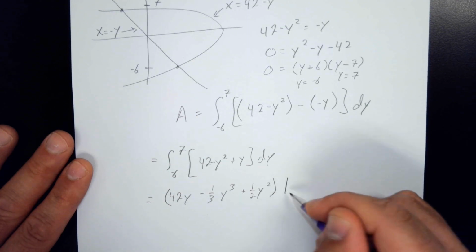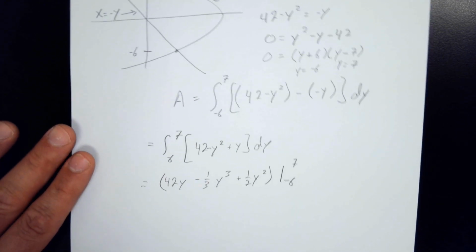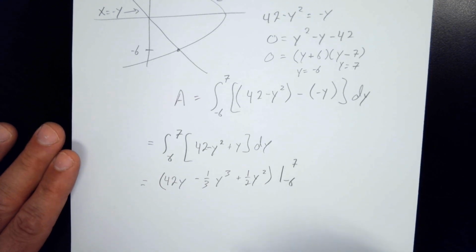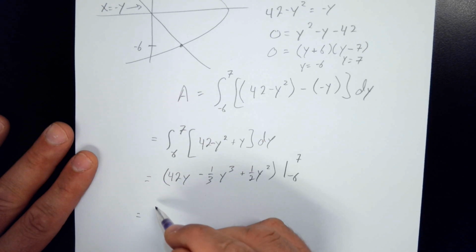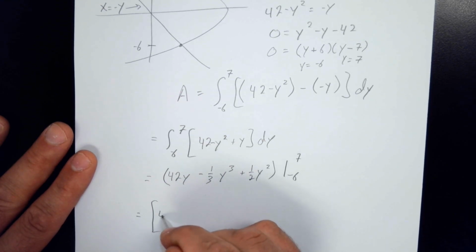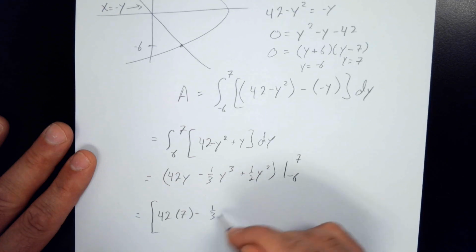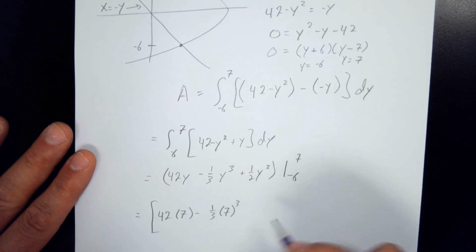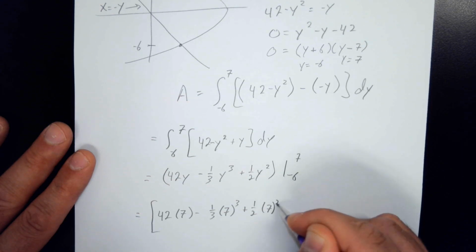And we're going to evaluate that from negative 6 to 7. It's kind of a pain to plug in the negative 6 and 7, but it's not too big a deal. So if I plug in the 7, I get 42 times 7 minus 1/3 times 7 cubed plus 1/2 times 7 squared.